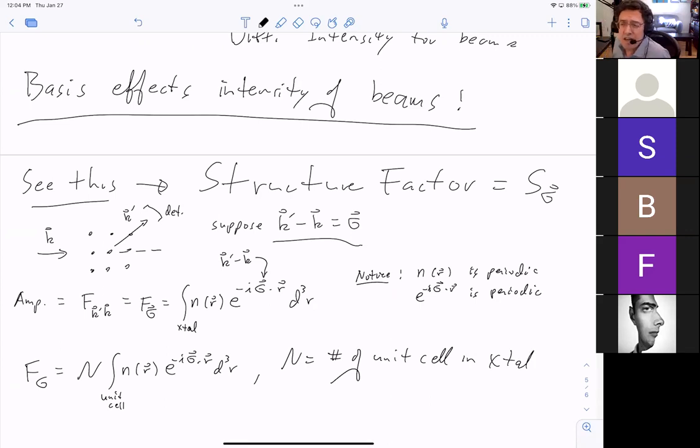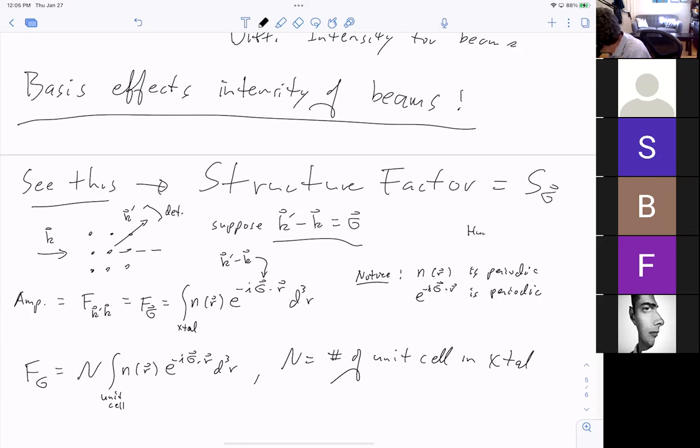Is there any question? What's the relationship of the electron density with the potential V? Are they correlated? Well, we are assuming Huygens' principle.